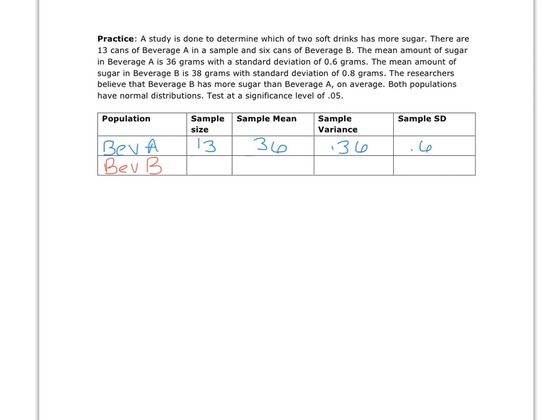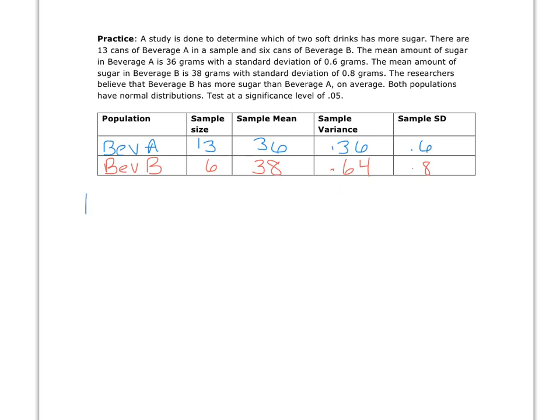For beverage B, sample size is 6. Sample mean is 38 grams of sugar. Sample standard deviation is 0.8, so squaring that we get sample variance of 0.64. So we want to go through the 4 steps.